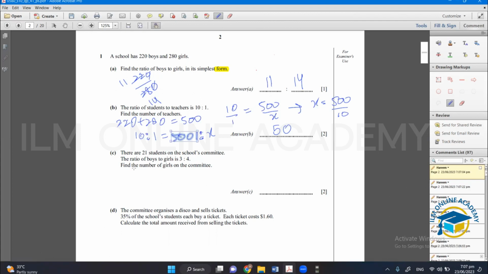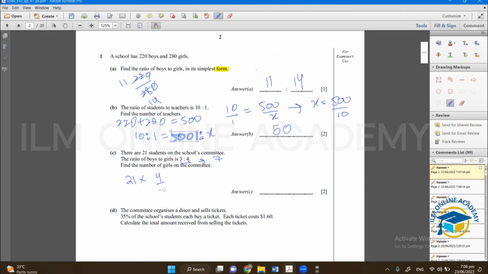Now, going to part C, there are 21 students on the school's committee, and the ratio of boys to girls is 3 ratio 4. Find the number of girls on the committee. The sum of the ratio is 4 plus 3, which is 7.